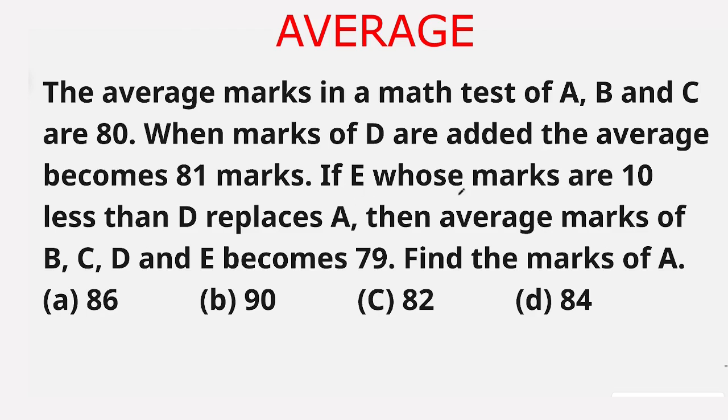If E, whose marks are 10 less than D, replaces A, then average marks of B, C, D and E become 79. Find the marks of A. The given options are option A 86, option B 90, option C 82, option D 84.